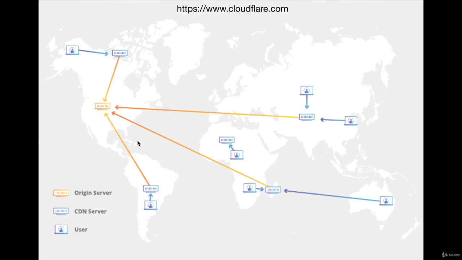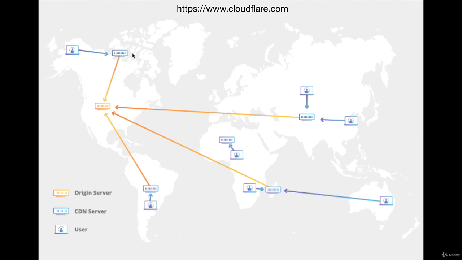When a user requests a web page, let's say the user is in Alaska, because we modified our DNS configuration, instead of coming directly to our origin server, this user gets routed to Cloudflare's servers. So they go to here upon initial request.